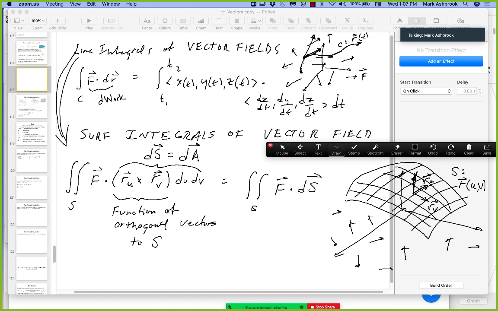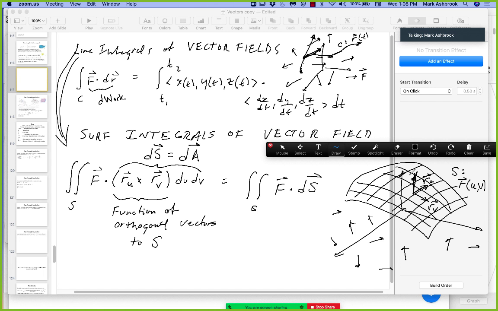And if you take f dot that, then you're looking at the component of f at that point in the surface in as much as it's in the direction orthogonal to the surface. With a line integral, it was the parts of f that were parallel, right? dr is parallel to the curve, but this ru cross rv is orthogonal to the surface, so we're taking as much of f as is in the direction of the orthogonal vector.